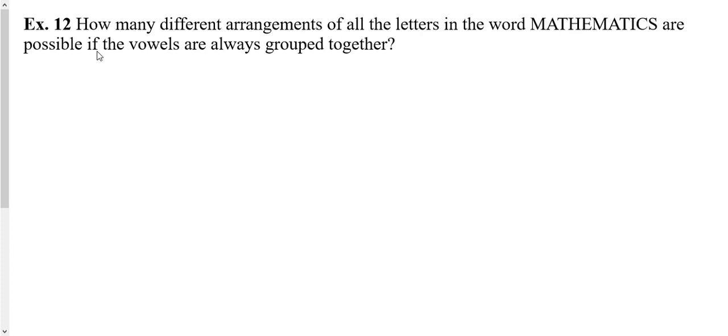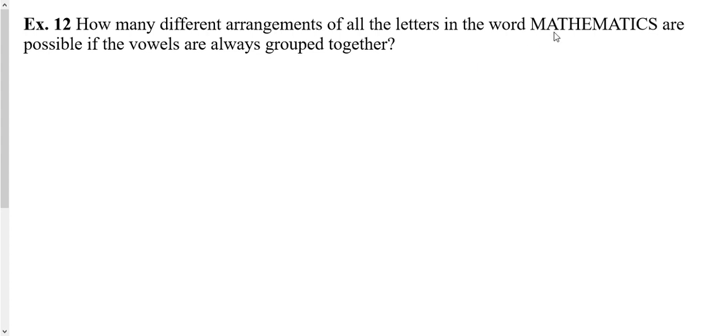In example 12, we have how many different arrangements of all the letters in the word mathematics are possible if the vowels are always grouped together. Well, first off, how many letters do we have in here? We have 4, 6, 7, 8, 9, 10, 11 letters in total. Out of those 11 letters, how many are vowels? How many are consonants?